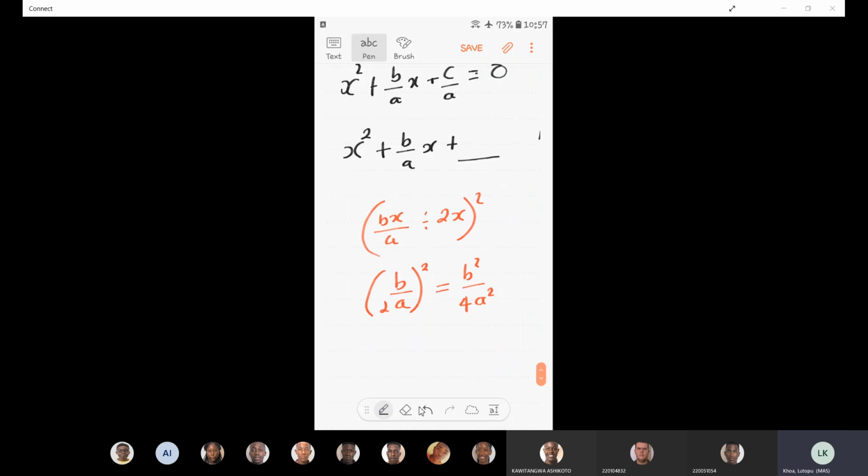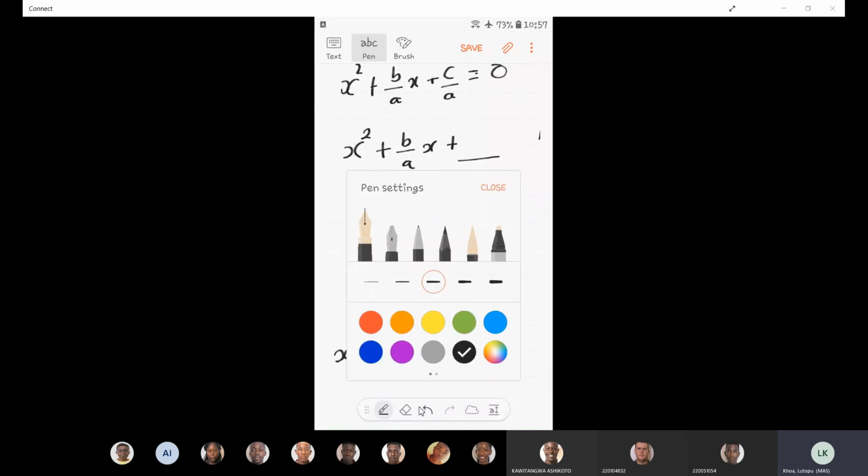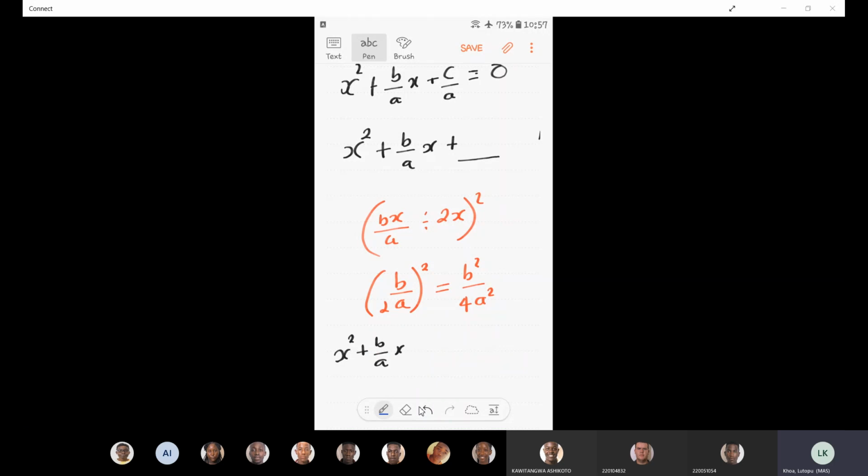So I have x squared plus b over a x. Then what I do is I add b squared over 4a squared, and then I subtract b squared over 4a squared, and then this c over a and equal to 0 must still be there.